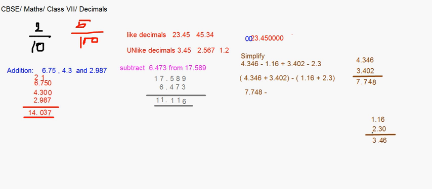Now I need to subtract this here, which is 3.46. As there is some space left, I'll be doing it here. This is the one which we didn't take in the subtraction to show how we need to add a 0 and how important it becomes. Here, as they are not like decimals, I will add on a 0 to it, making it 3.460, and then you subtract it simply.